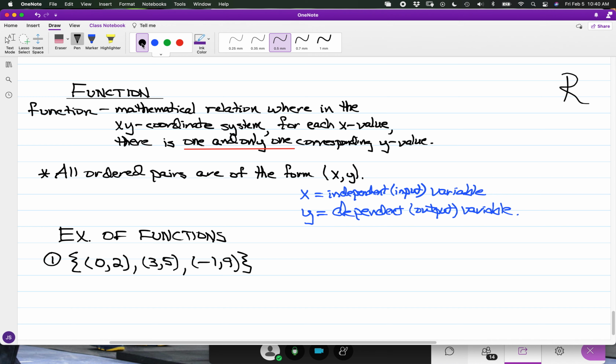And just some of the features we have, and this term domain you'll be seeing quite a bit throughout the course. For the domain, you're looking at the set of x values.